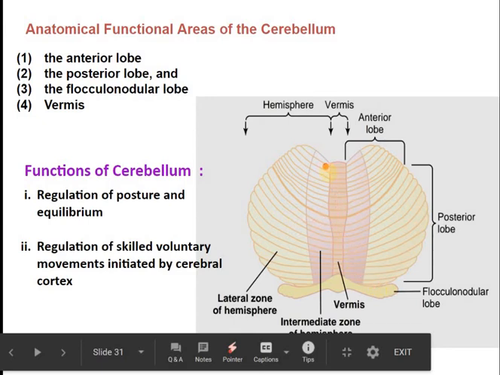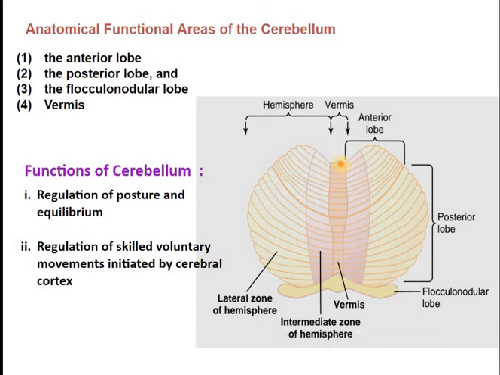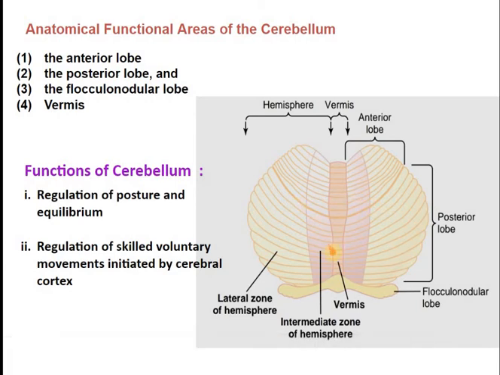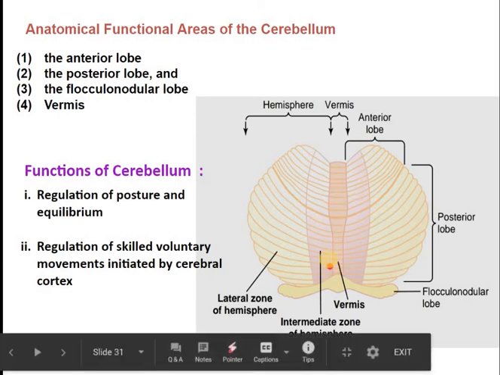If you see from the back side, you can see that in the middle there is a structure which is called the vermis. Okay, and on both sides of the vermis, there are two cerebellar hemispheres.